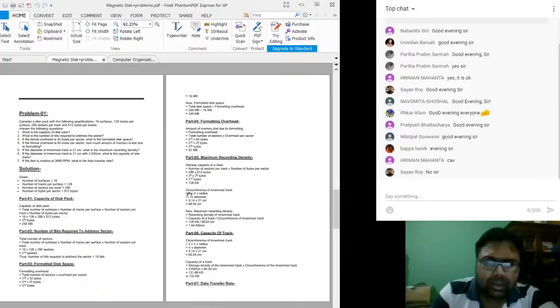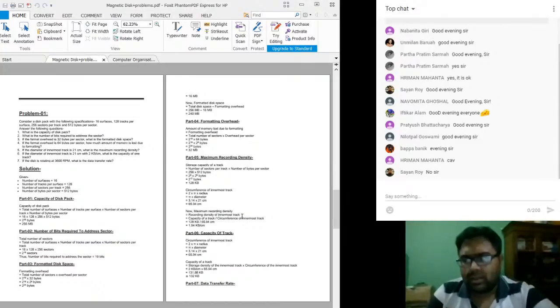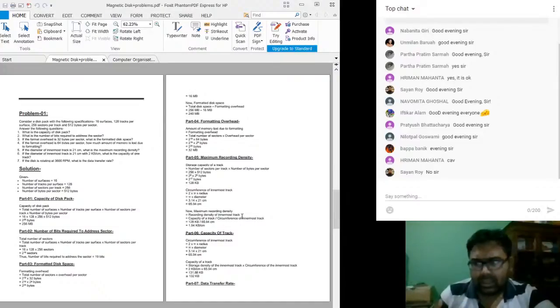Okay, next, the circumference of the innermost track you can find out as 2 pi r, so pi into diameter. Now the maximum recording density is the recording density of the innermost track. If you remember the morning session, in the CAV scheme you are placing more density towards the center, and as you move away from the center, you reduce the density.